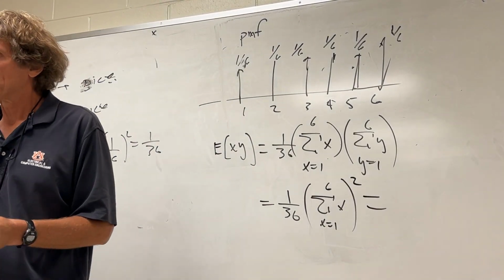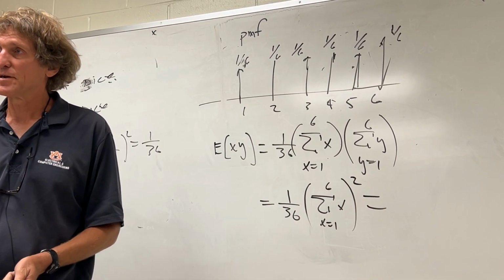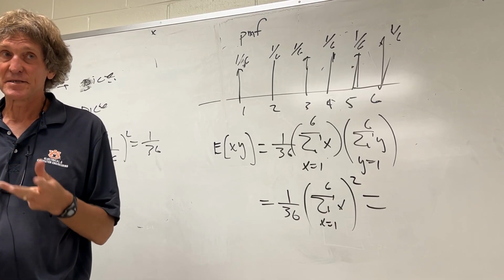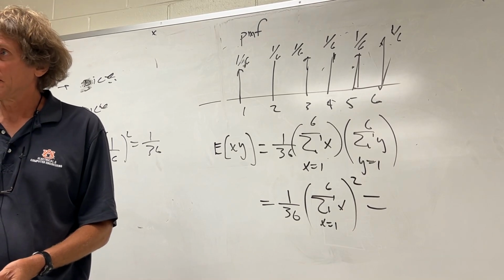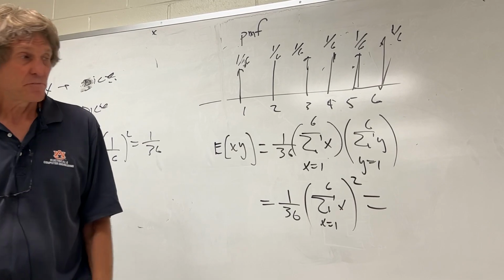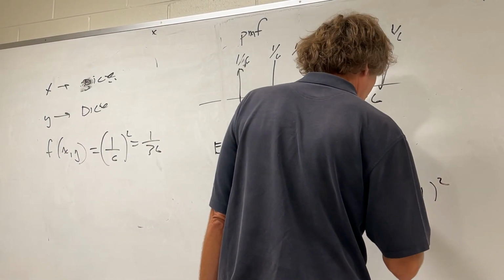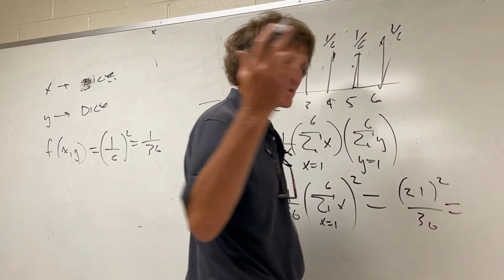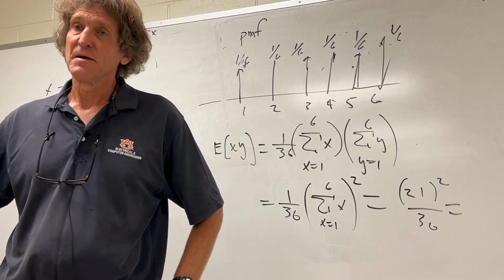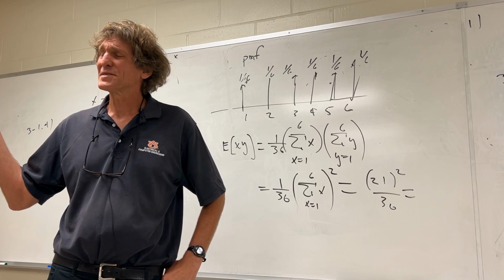You can do it in your head if you want. 1 plus 2 is 3, plus 3 is 6, plus 4 is 10, plus 5 is 15, plus 6 is 21, isn't it, class? So it should be 21 squared over 36. And what is that? 49 over 4. What is the value of the number?